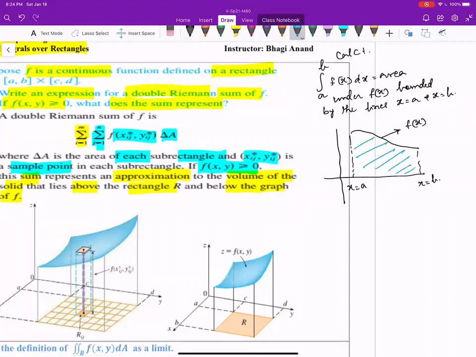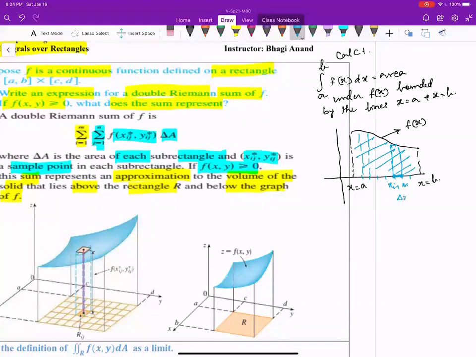To represent this area, we divide this into a number of subintervals, and then we consider rectangles, either with the help of left hand points or right hand points and so on. If I add the areas of all the rectangles, each is going to be width times height.